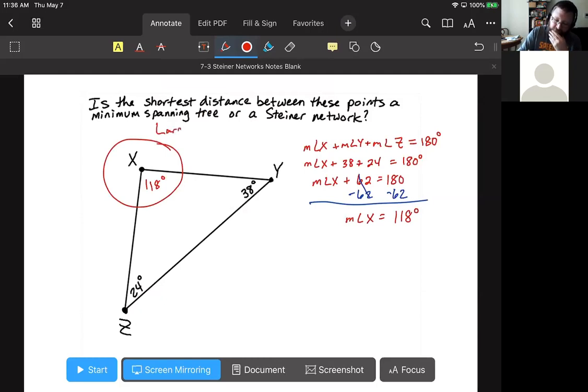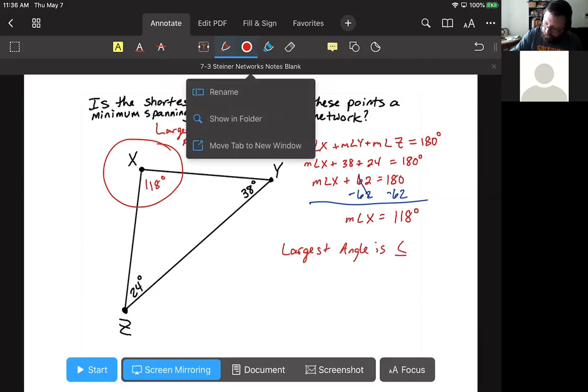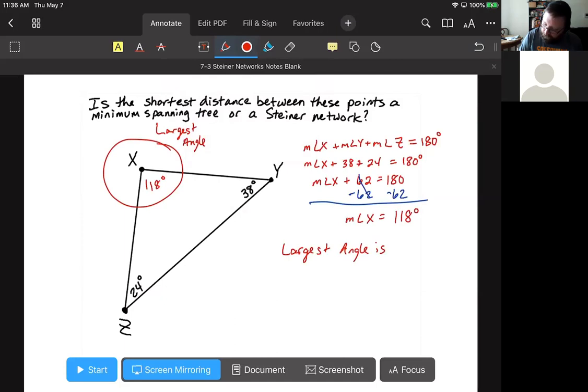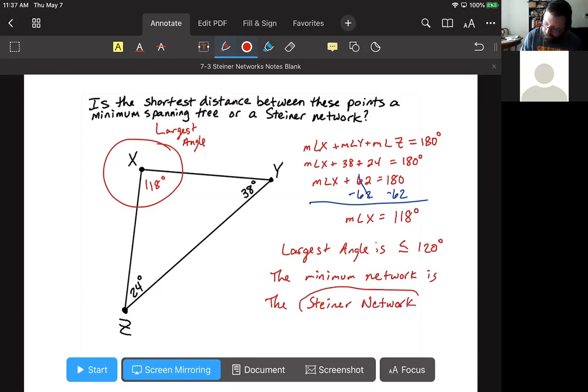So there's our largest angle, 118 degrees. Since that is less than or equal to 120 degrees, that means our minimum network will be through the Steiner point.